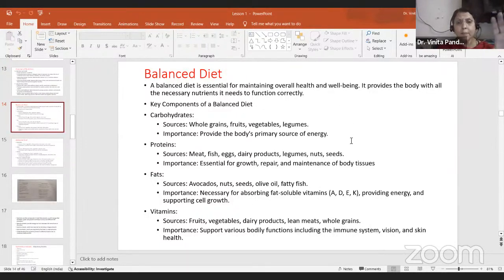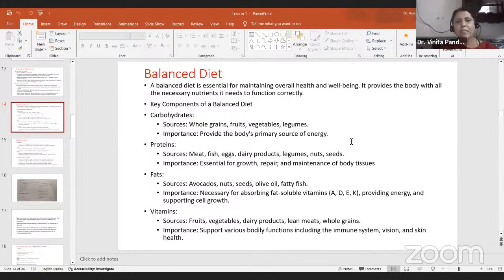And a similar point is balanced diet. The concept of nutrition and balanced diet, they go hand in hand. Balanced diet is what? Proper balance of all the nutrients which you are taking.